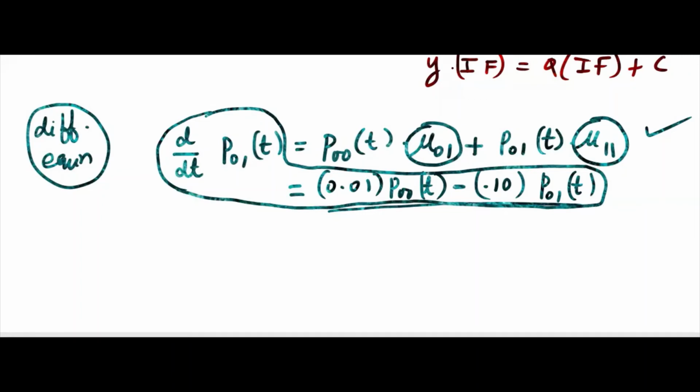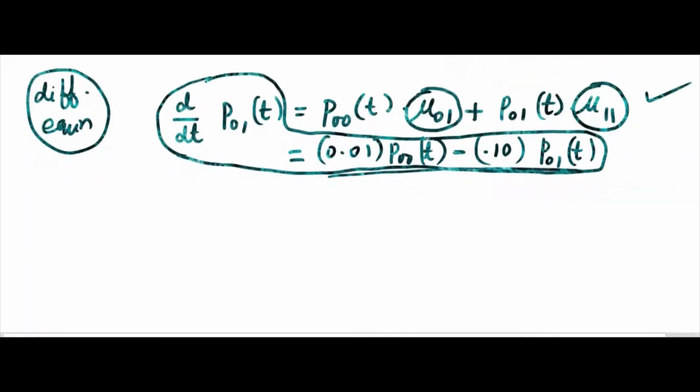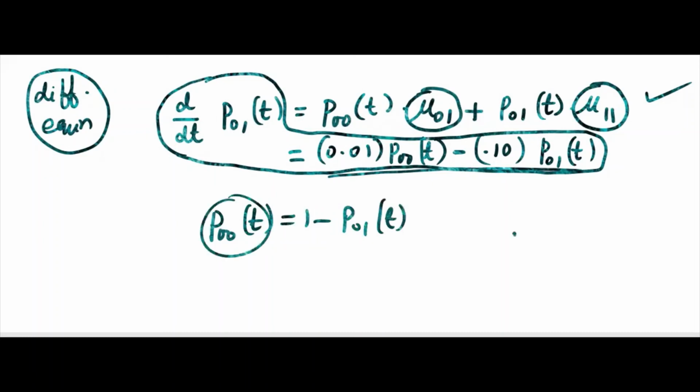You have to express everything in terms of P01 because ultimately you need to get P01. The term P00(t) is different, so we'll use the simple formula P00(t) = 1 - P01(t), because from 0, next time either you will go to 1 or you will stay in 0. The summation is 1. If you put that here, multiply, and take everything to one side, you will get this equation.